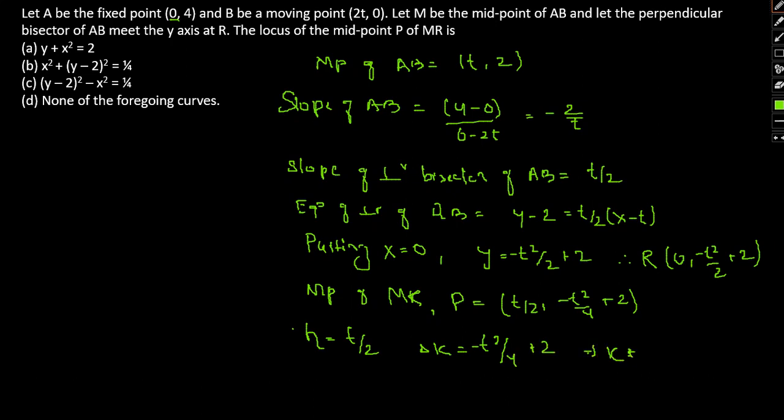Therefore k plus h square would be 2, so the locus would simply be y plus x square equal to 2. So option A is our correct answer. I hope this is clear how we arrived at the conclusion and how we approach this question in general. So having said that, next move on to the next question.